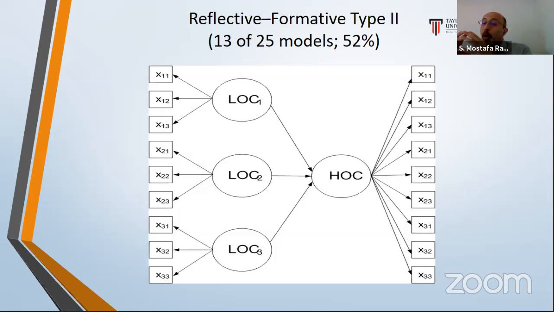So for composite second order, we don't have an error term most of the time. We don't have an error term at construct level, because we include all dimensions to measure this second order construct, this composite construct, right?